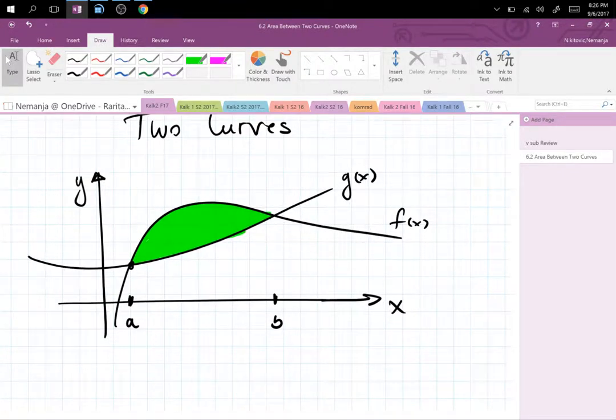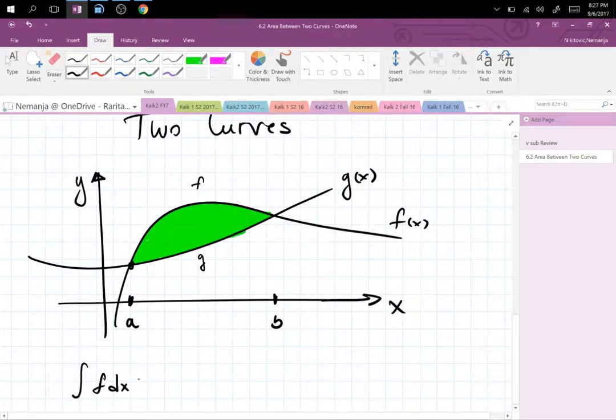The formula for something like that should be easy to see, I hope, because you see that you have function f on top, function g on the bottom, and if you were to find the integral of just f of x, that would give you everything all the way down to the x-axis.